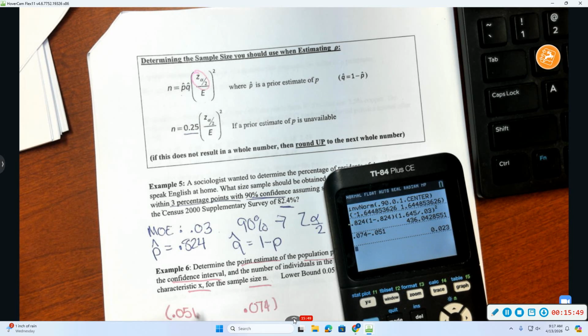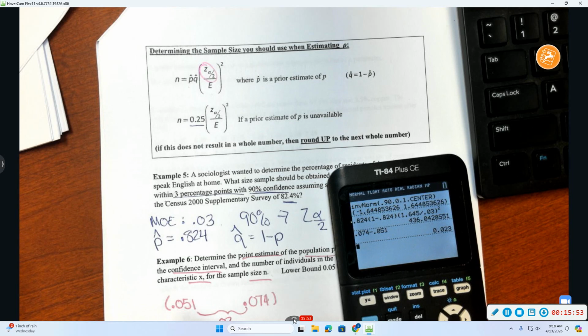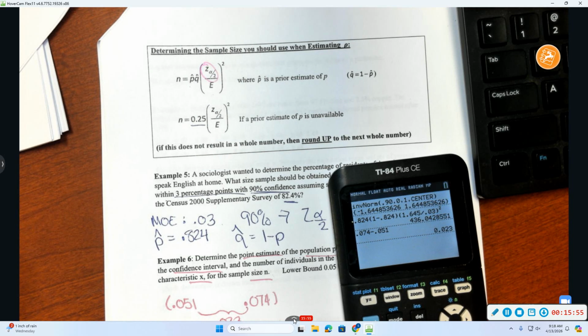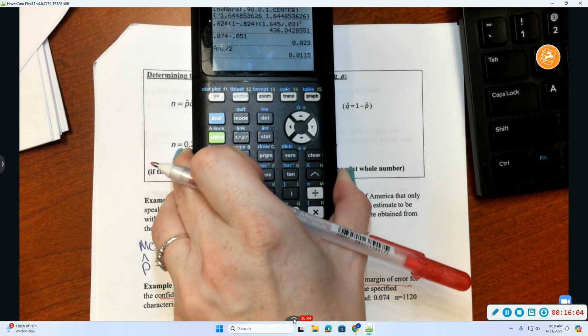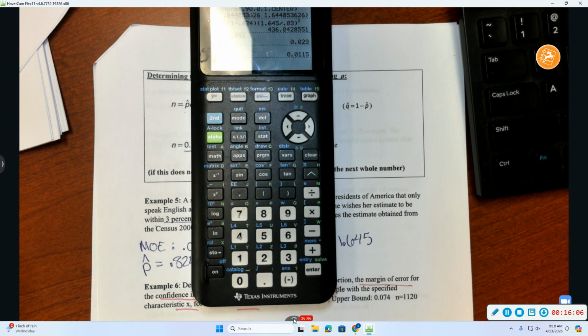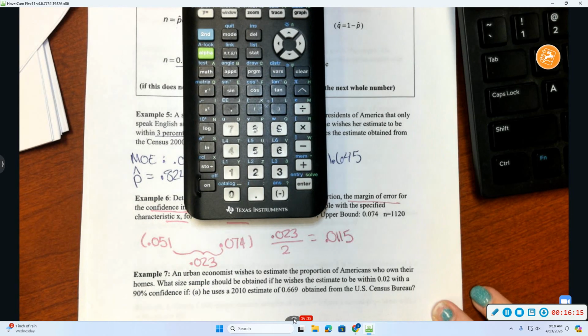The distance between them is 0.023, so half of that would be 0.0115.